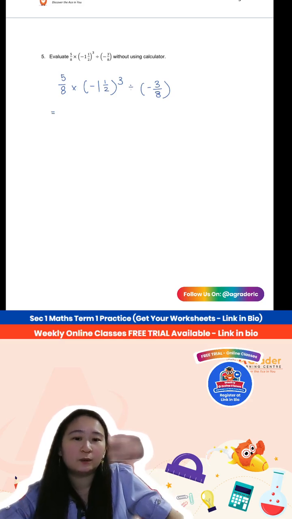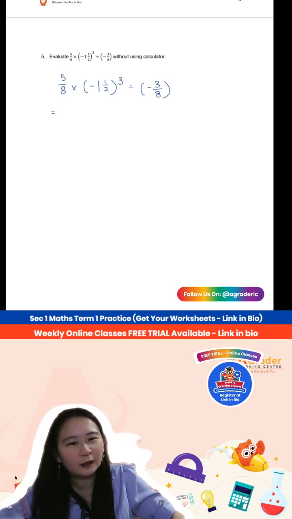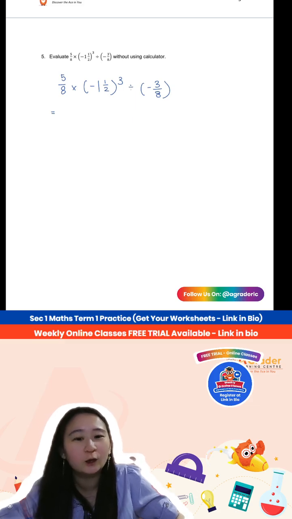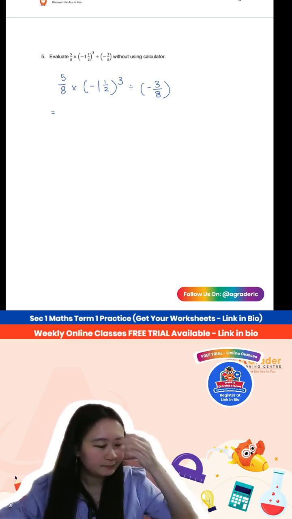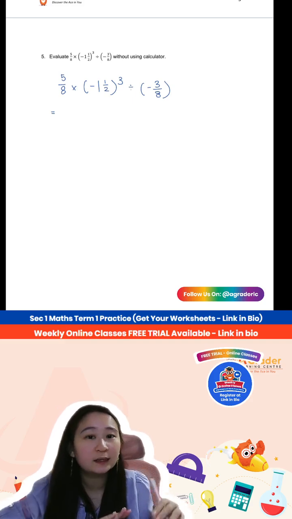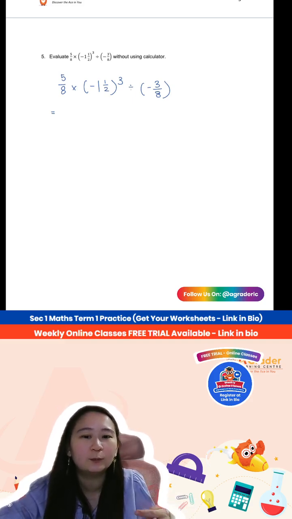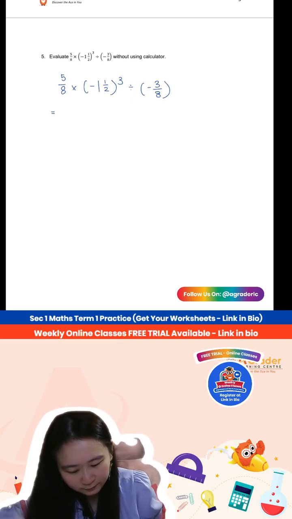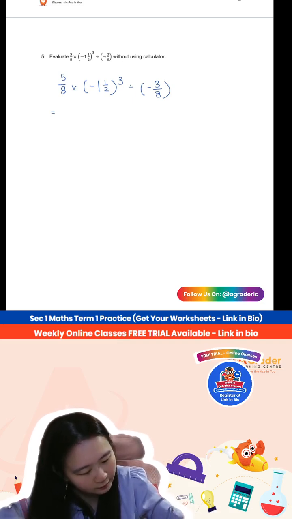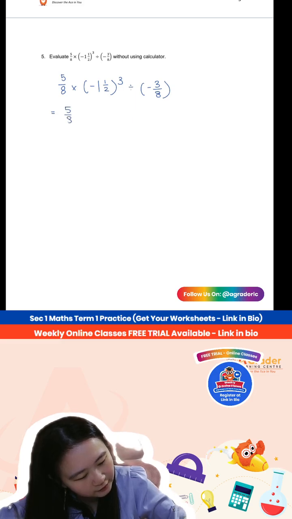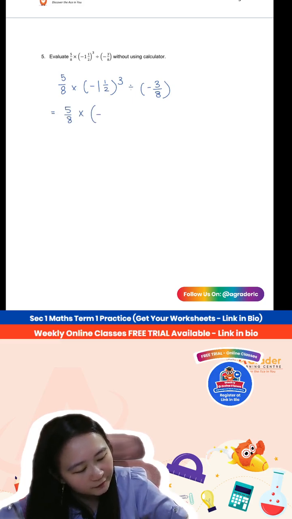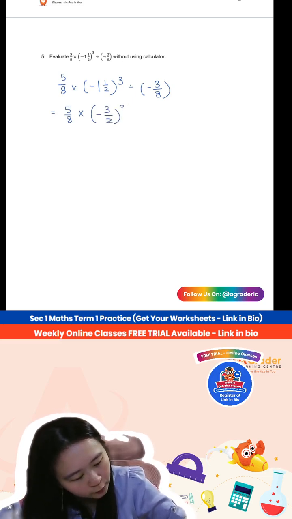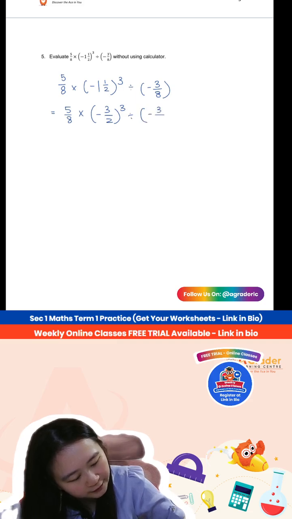This is where having a calculator won't work because you have to follow the order step by step. You can't just plug in all the numbers here. A calculator can only help you to check the answers. Firstly, we can deal with the power. We can convert the decimal to an improper fraction. So negative 1.5 is negative 3 over 2 cubed, divided by negative 3 over 8.